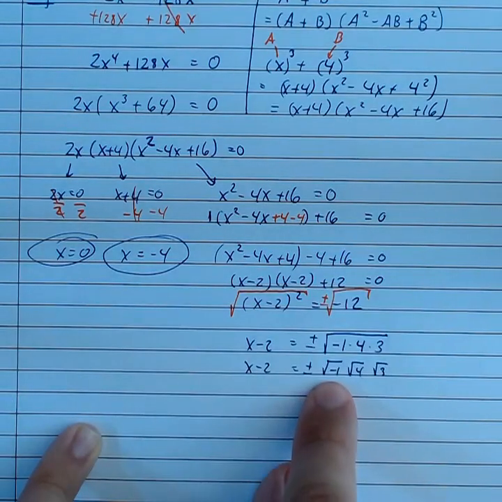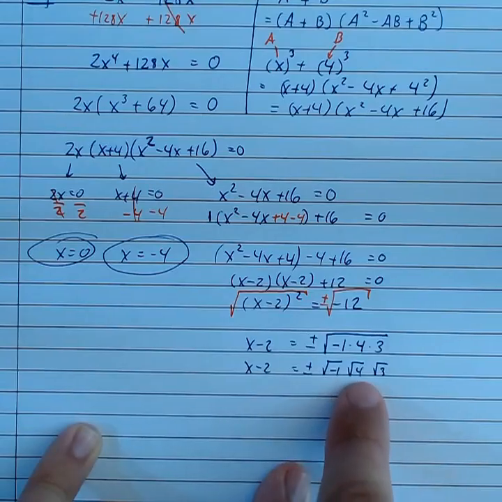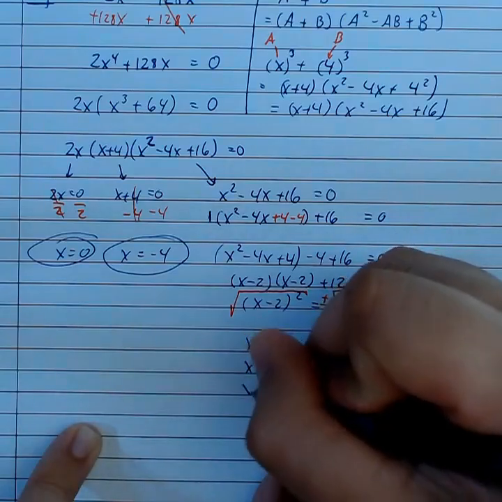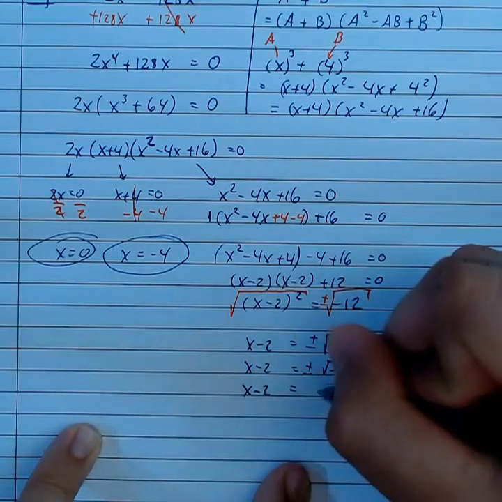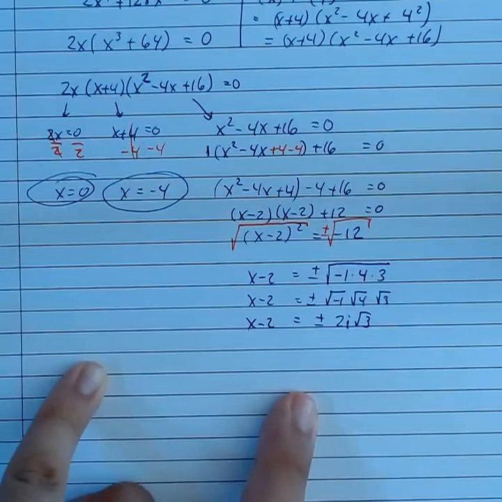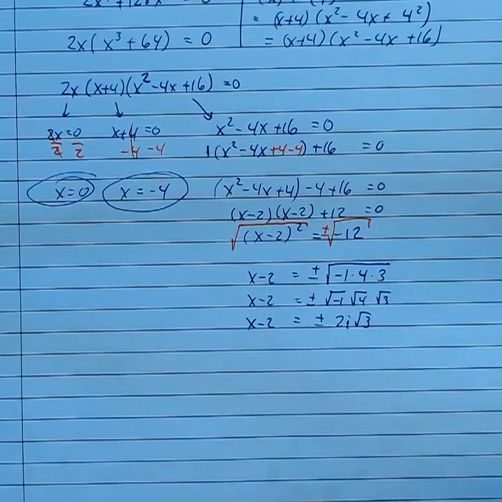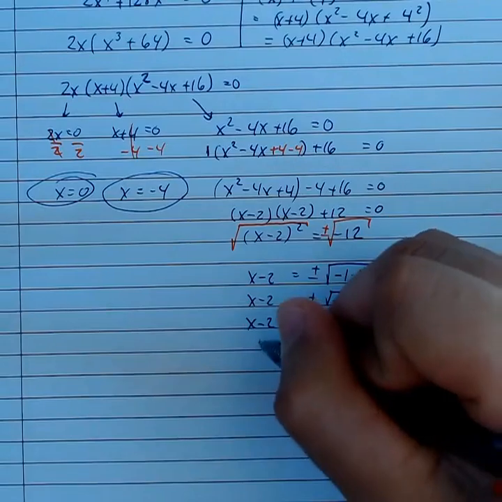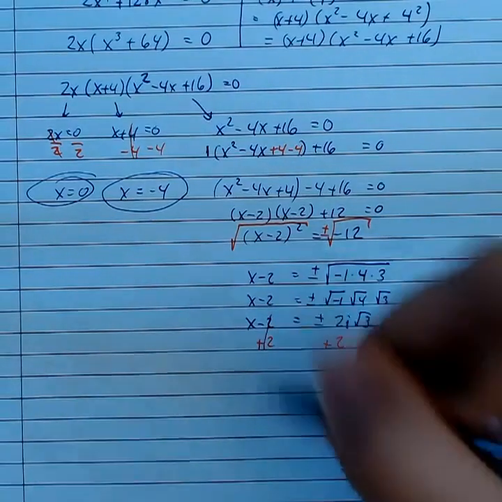And here that's going to be i, that's the imaginary unit. That's going to be 2. So 2 times i times the square root of 3. So x minus 2 is equal to plus or minus 2i root 3. And finally, go ahead and add that 2 over to the other side, and you get your result. And it goes away.